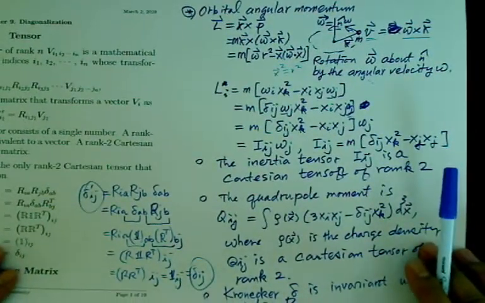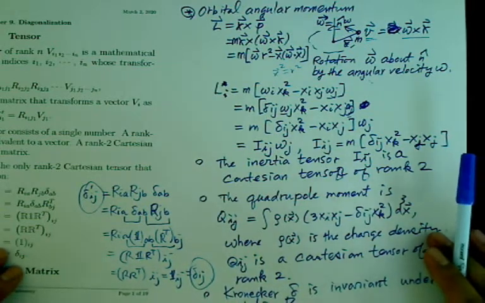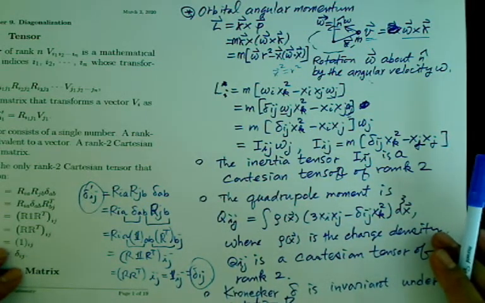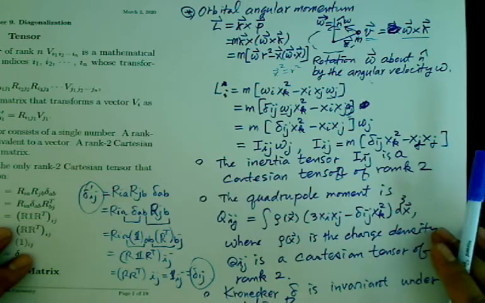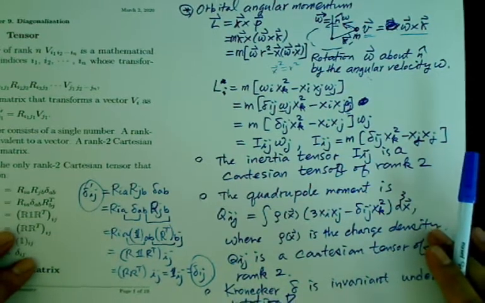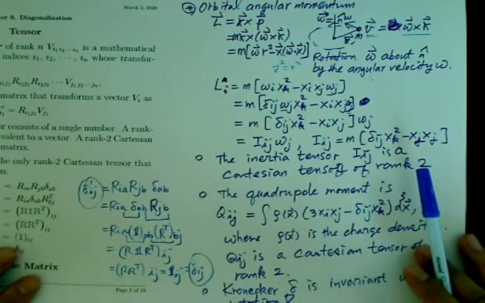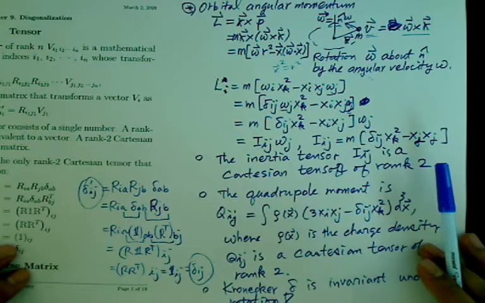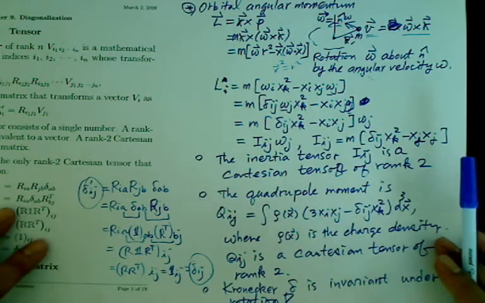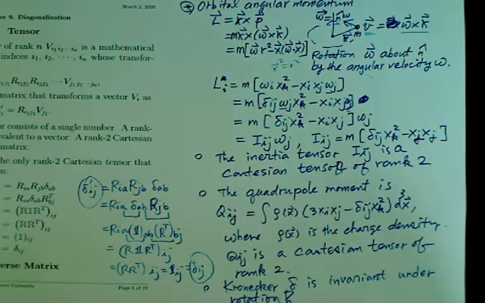Let us find some examples of tensors, especially vectors. We are familiar with the rank 1 tensor, that is vector. Let us consider the rank 2 Cartesian tensors. As the simplest Cartesian tensor of rank 2, we consider the inertia tensor. That can be defined through the orbital angular momentum of a rotating object.